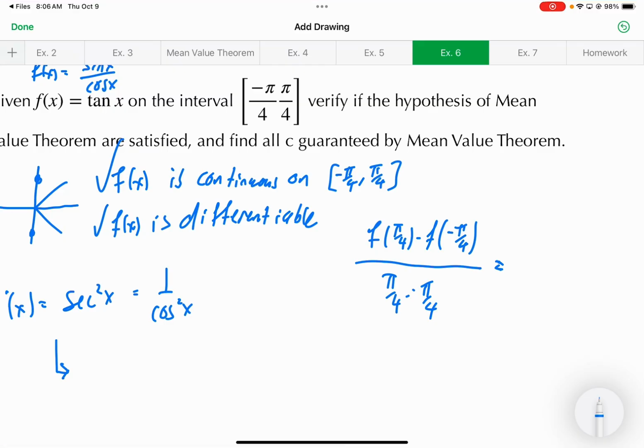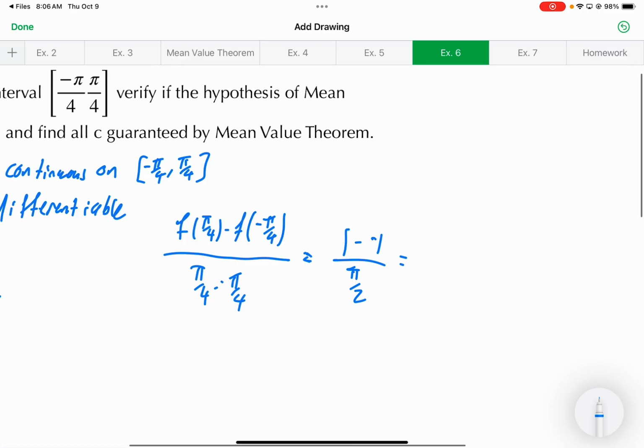All right, pi over 4. What is tangent of pi over 4? Oh my gosh, thank goodness. That's a nice value. All right, what about negative pi over 4? Okay. So then I would have pi over 4 minus negative pi over 4. What's that turn into? We have pi over 4 plus pi over 4, pi over 2.